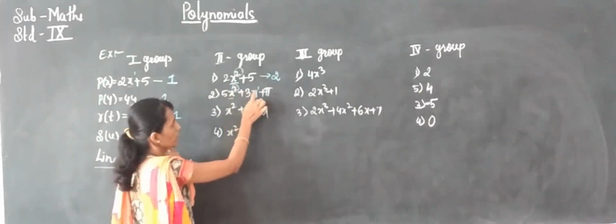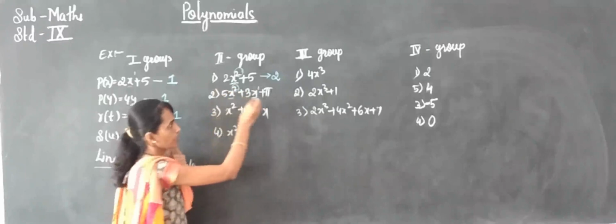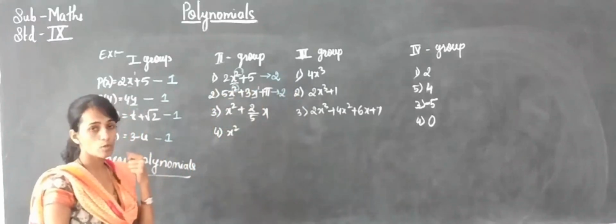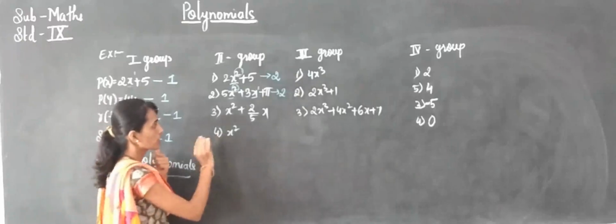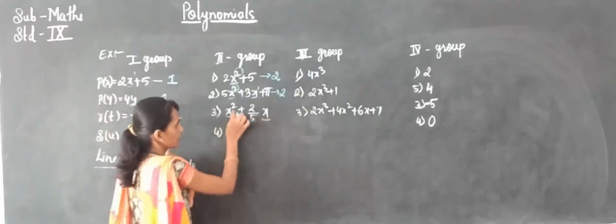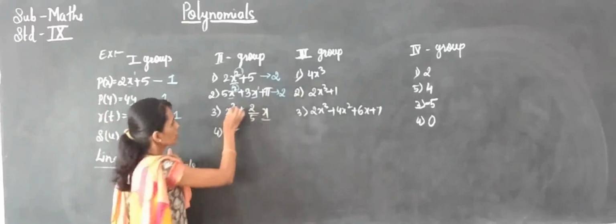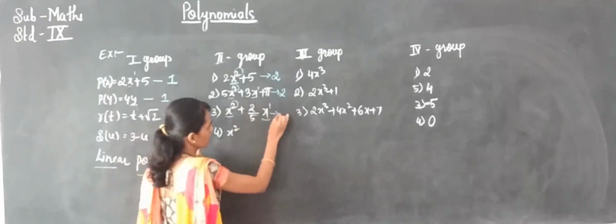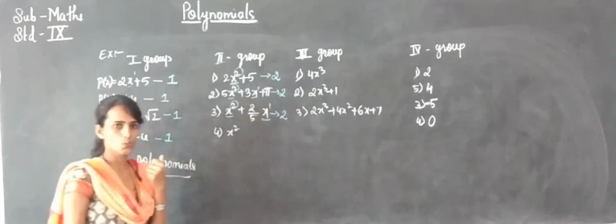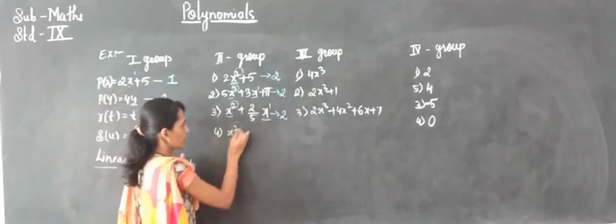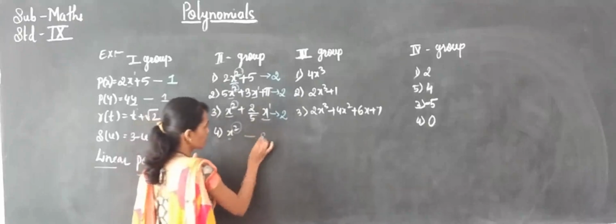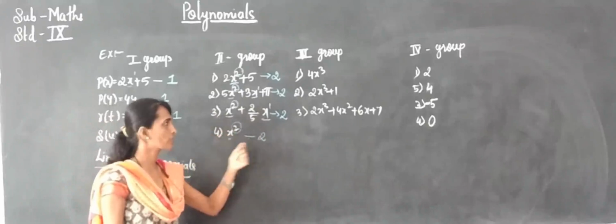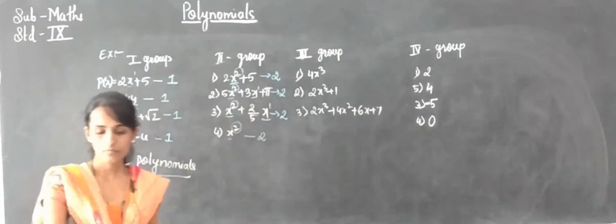Which is greater? 2 is greater, and this also has power 2 and this 1. So comparing x squared and x, 2 and 1, 2 is greater, so that's why the degree of this polynomial is 2. Here only x squared is there, and the degree of that x squared is 2. So this is also degree 2.